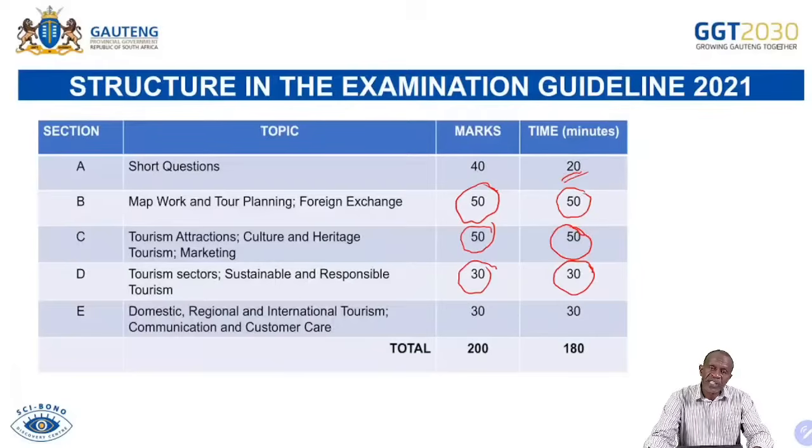The last section is your section E, which comprises domestic, regional, and international tourism, communication and customer care.